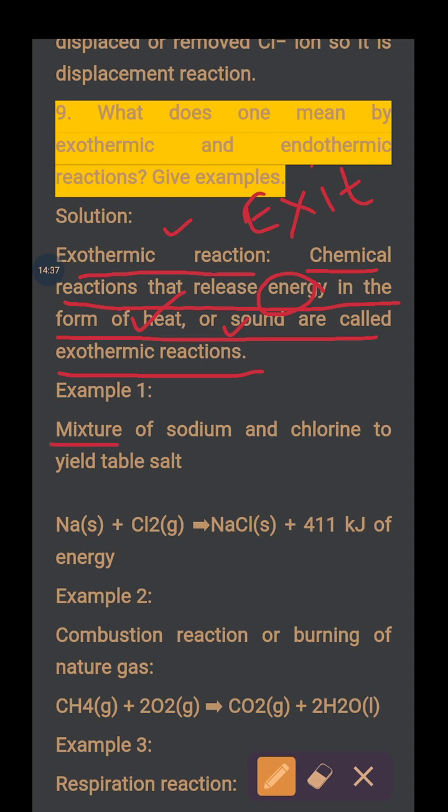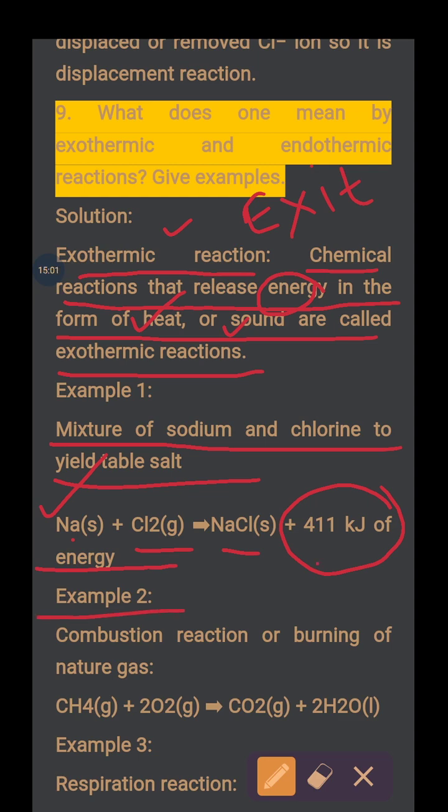Example: a mixture of sodium and chlorine yields table salt. Sodium, Na plus Cl2 gives out 2NaCl and 401 kilojoules of energy. When sodium reacts with chlorine, it forms the salt we generally use in the kitchen, table salt, plus 401 kilojoules of energy.